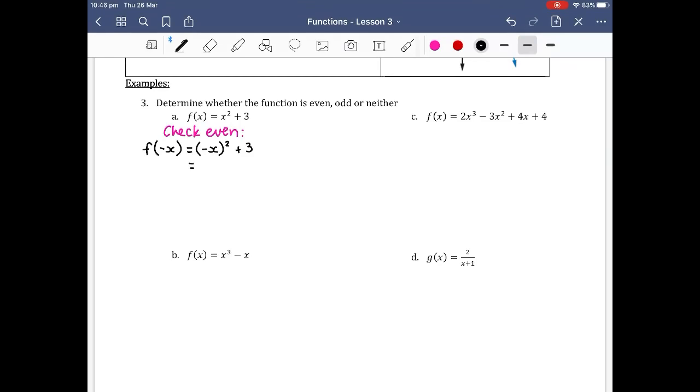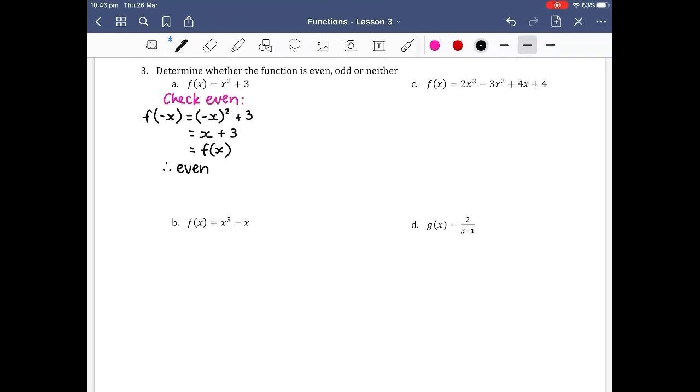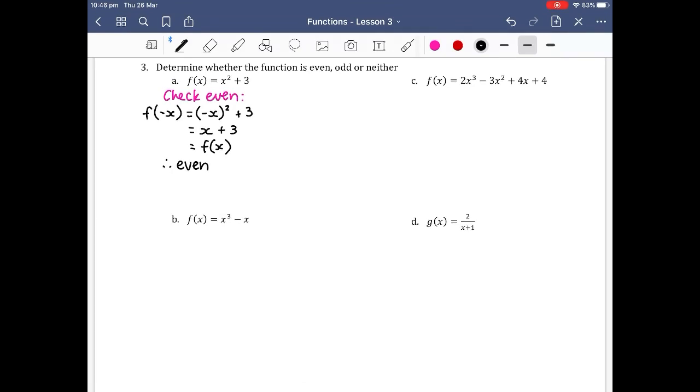So minus x all squared plus 3. Anything negative squared is just the positive, so it's x squared plus 3, which equals our function f(x). Because it equals our function f(x), it is an even function.